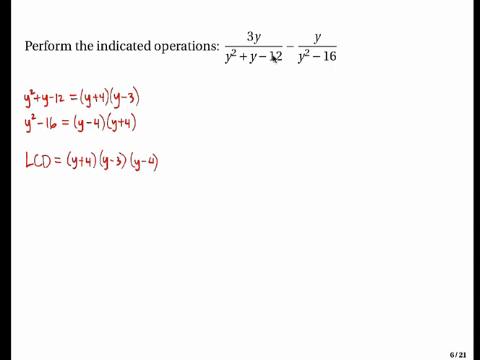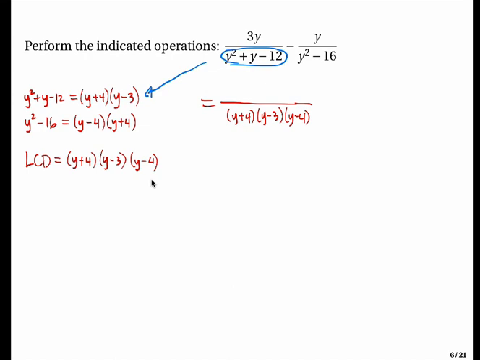Therefore, if we compute the difference of these two expressions, we write the rational expression using the LCD here: y plus 4, y minus 3, y minus 4. Okay? And again, y squared plus y minus 12 is factored into this.